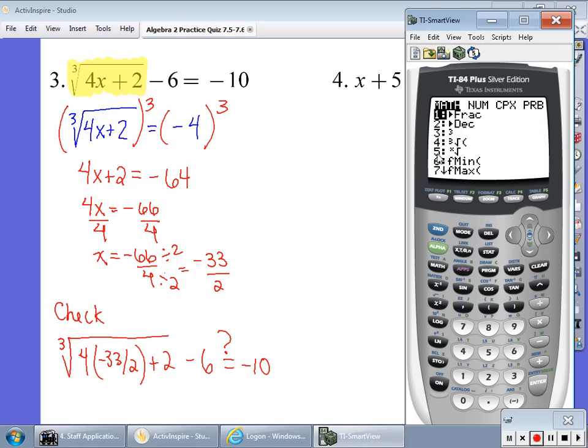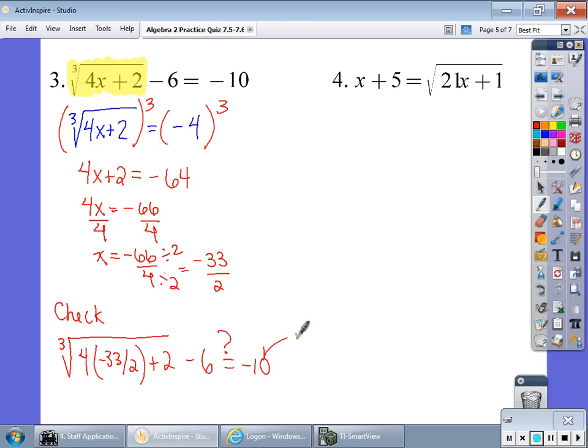It's option number 4 in the math menu, of 4 times negative 33 divided by 2, and then we add 2, close the cube root, and subtract 6. And we are getting negative 10, and so our answer, x is equal to negative 33 over 2.